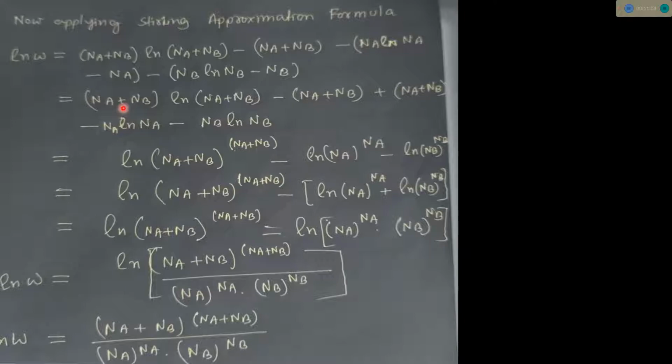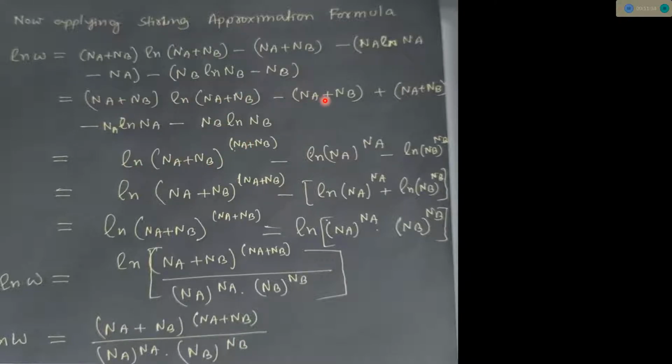So now, Na plus Nb ln Na plus Nb. This whole term we can write as ln of Na plus Nb to the power Na plus Nb, since this term is before ln, we can write it as a power.